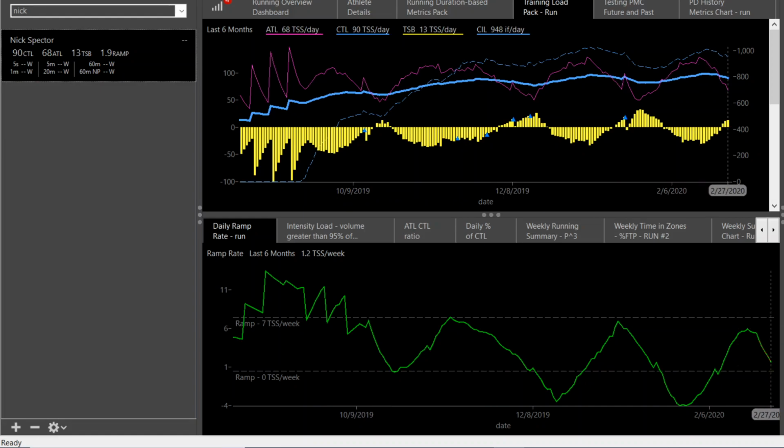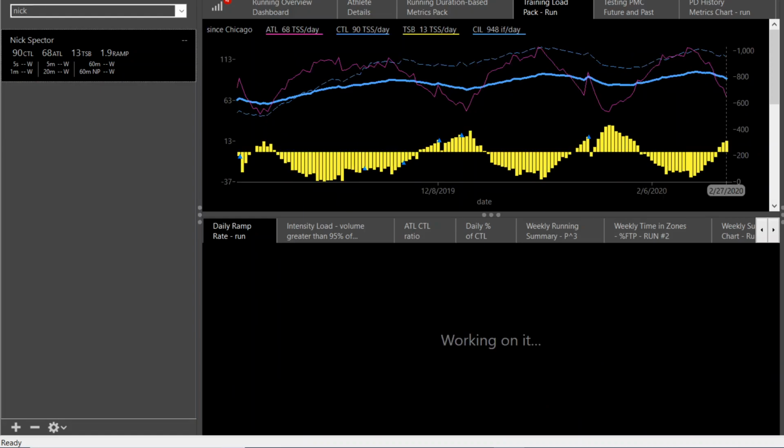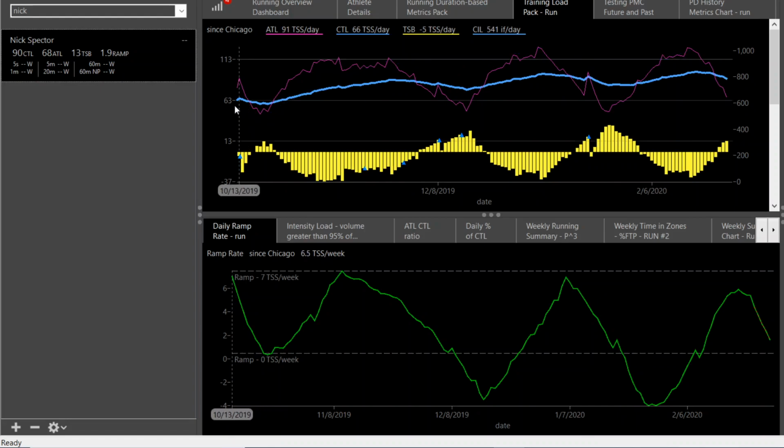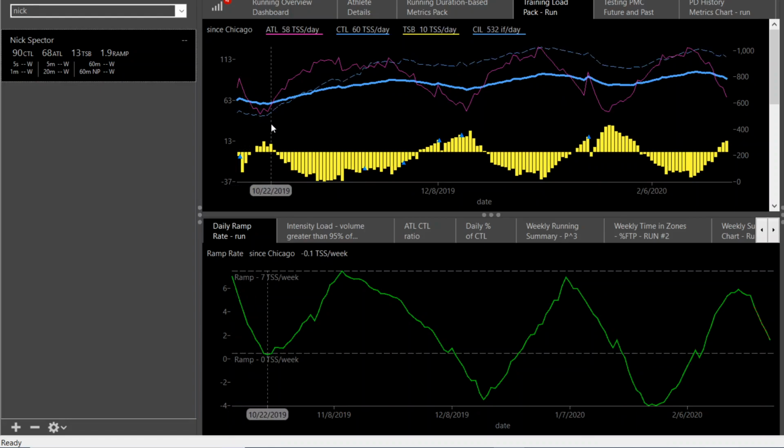So let me switch screens a little bit, or switch images or time ranges. Instead of 6 months, I'm just giving you everything since Chicago, because that's when things started getting more valid, more reasonable in terms of what we're seeing in the performance manager chart. So I started working with Nick, and after a brief recovery, and that's one thing I got to tip my hat to Nick.